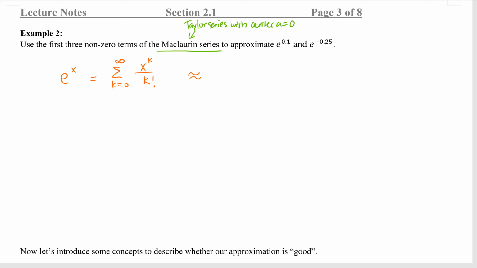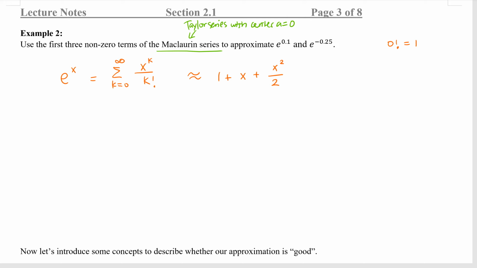The first term, when we plug in k equals 0, remember 0 factorial is defined to be 1, so the first term is 1. Then we have x, and then we have x squared over 2 factorial, which is 2. So these are the first 3 non-zero terms.